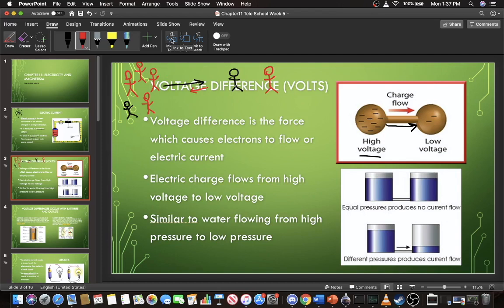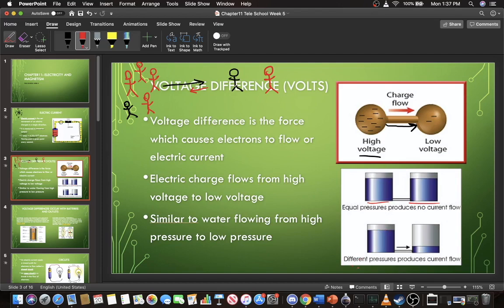So equal pressures produce no electric flow. All right. That means that if you have two things with equal voltage, since they're already at equilibrium and have the same amount, there's going to be no flow.